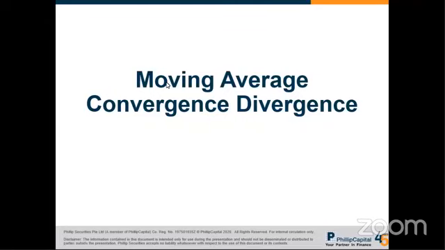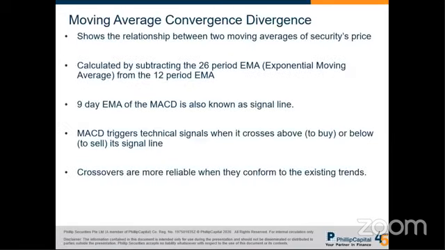Next thing we will be sharing is the MACD, moving average convergence divergence. What it shows is the relationship between two moving averages, because I think some of you make use of moving averages to do trading. For example, if you are doing long-term trading, people will look out for the 200 moving average.